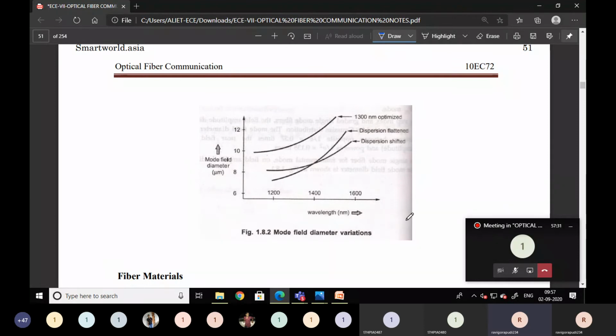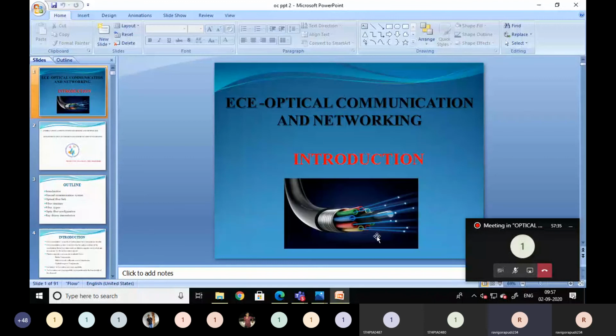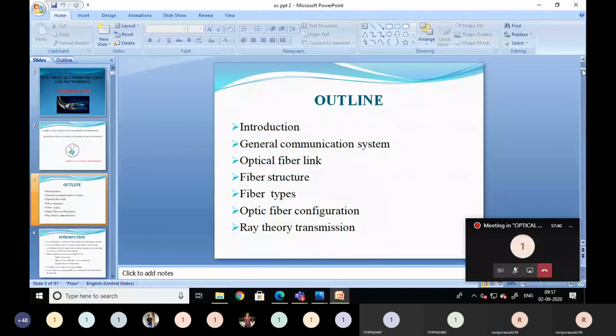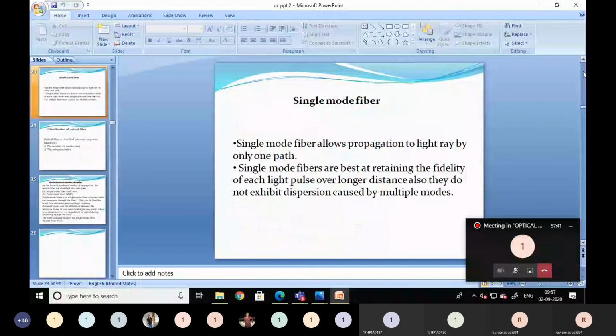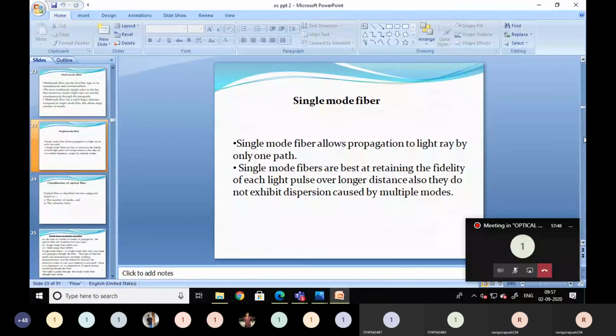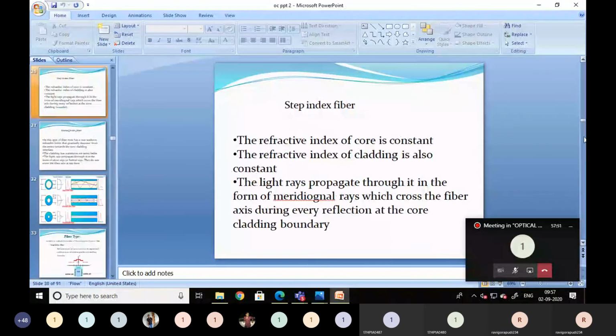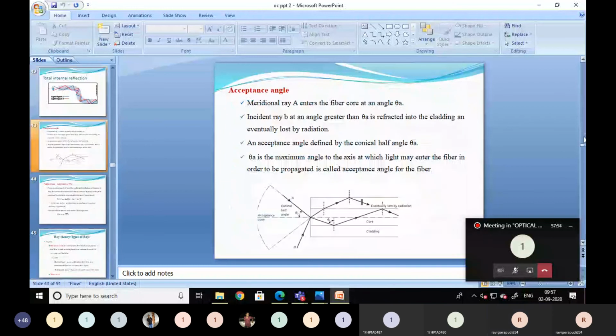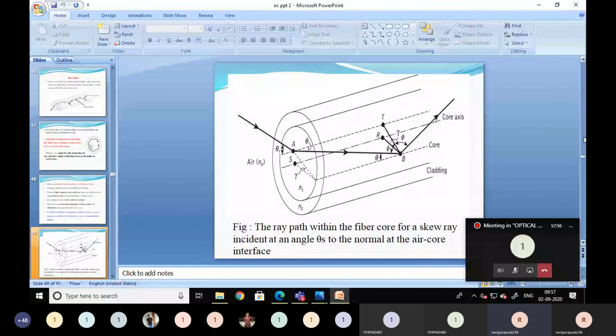You can write on this one also. If it is possible, we will see. Mode field diameter. In the slides, we'll see that one also.